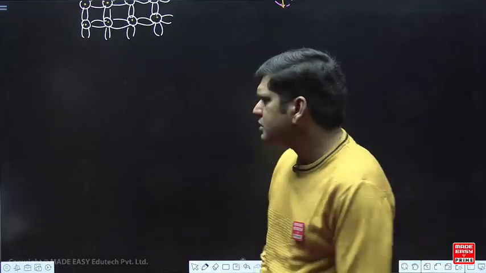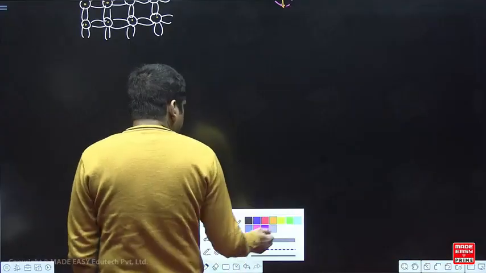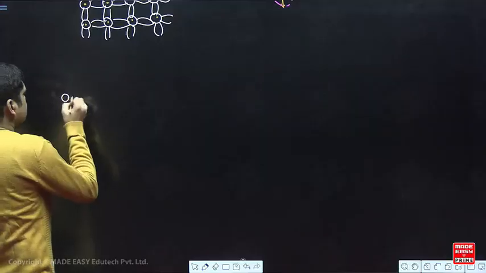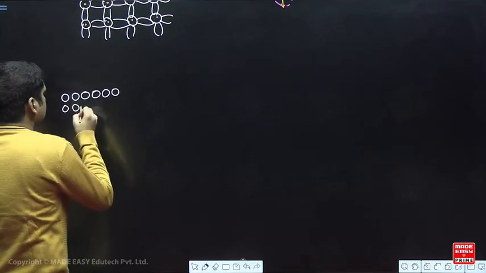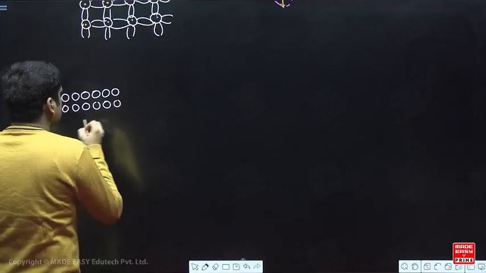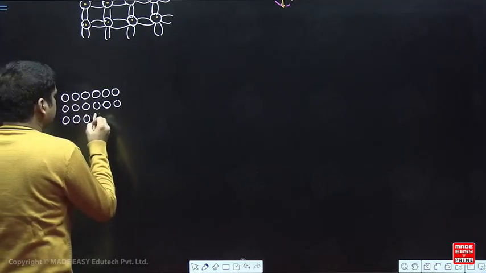So all these defects can be classified into three broad categories: vacancy, interstitial, or substitutional. Let us suppose this is our crystal structure. These are the atoms. So this is our ideal crystal structure.